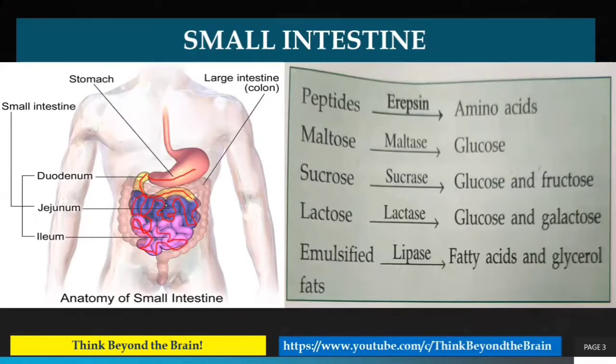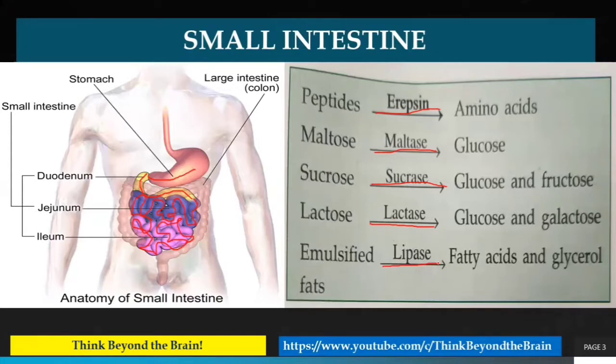This intestinal juice has five enzymes: first, erepsin; second, maltase; third, sucrase; fourth, lactase; and fifth, lipase.